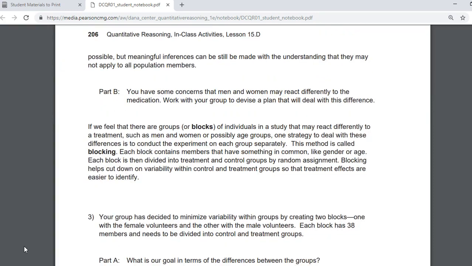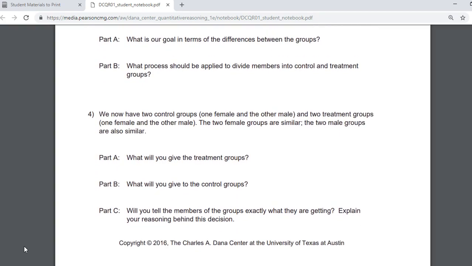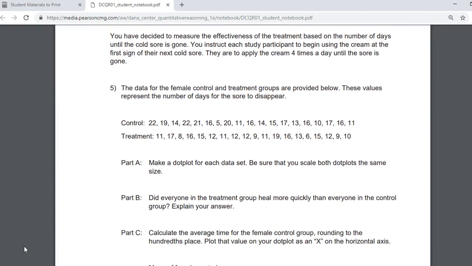And so we tore apart these studies. We talked about the blocking. Like if we think our treatment or whatever it is that we're trying to study would have a different effect on different groups, no matter what kind of groups, then it's a very good idea to implement blocking. Make sure you know what that is. Make sure you know when you would use it and how you would comment about it.